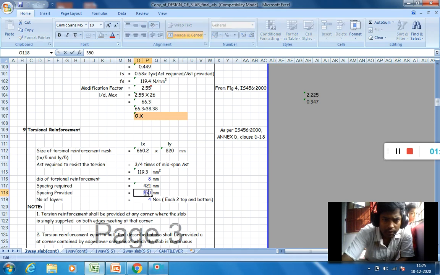Here I change it, and 200 I have used. The number of layers is 4. You know that torsional reinforcement is used in 4 layers.